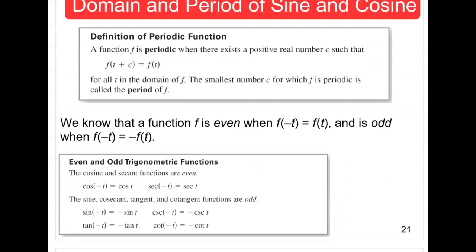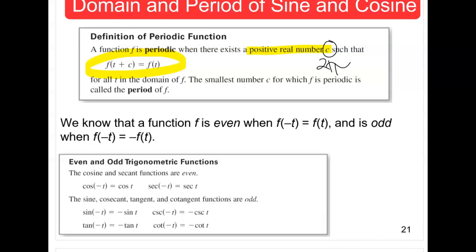So the definition of a periodic function, like it says here, is where there exists a positive real number c such that the function of t plus c is the same as the function of t. In this case, our number c is represented by 2 pi because they repeat after every 2 pi radians.